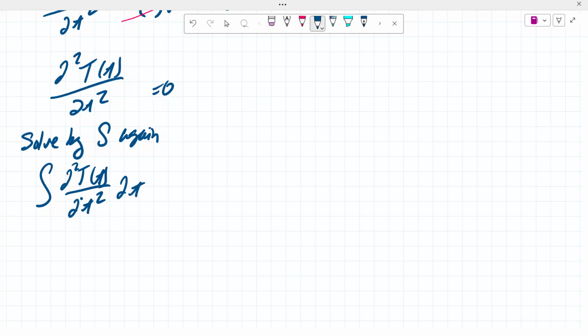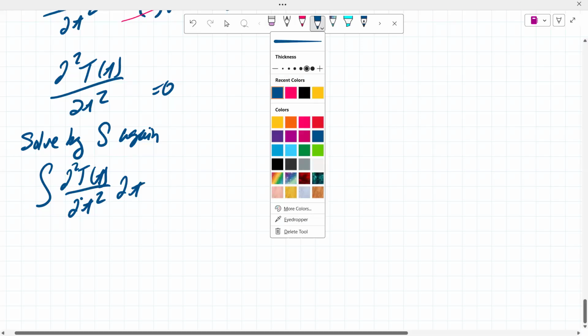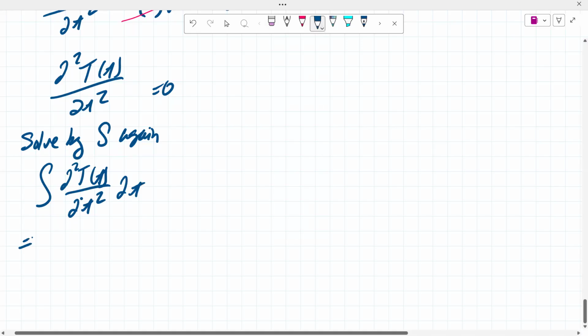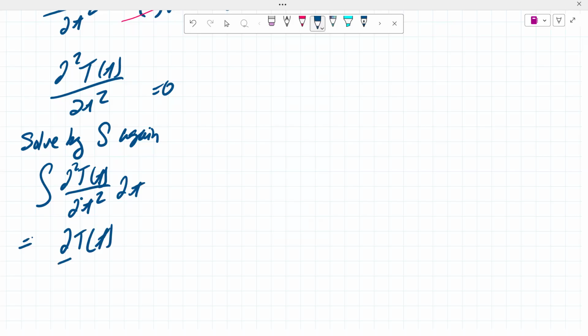So we're going to integrate, and when you integrate, you lose one power. So you get dT of t over dt plus a, your integration constant.